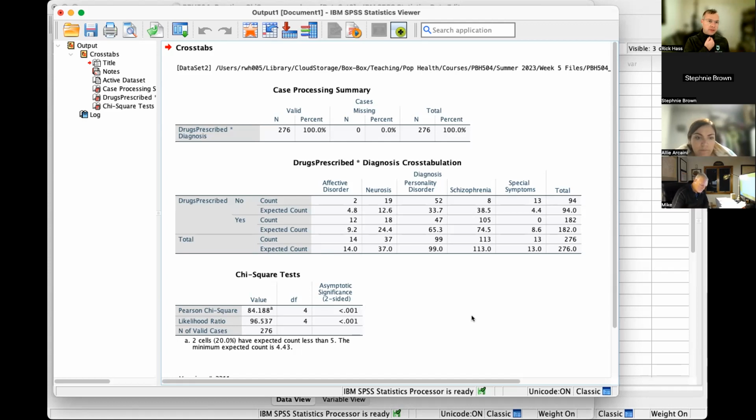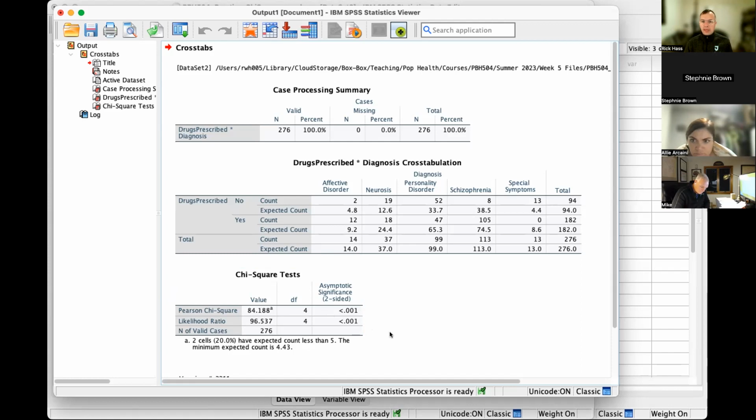If we didn't worry about that, we've actually got quite a bit of evidence that there's a relationship between whether or not you're prescribed a drug and what disorder you have. However, we have to caution that these results might not be valid because we have failed to meet this assumption.